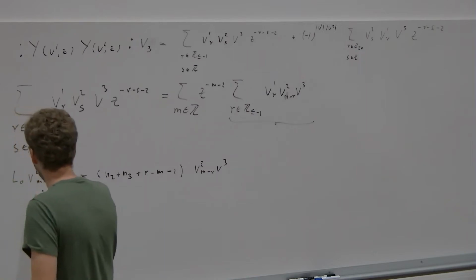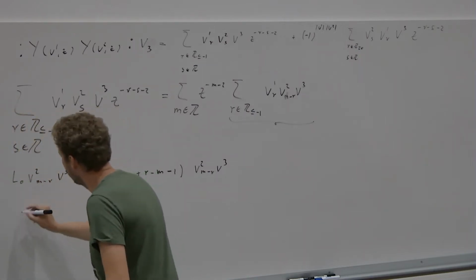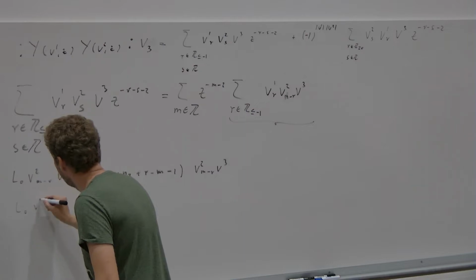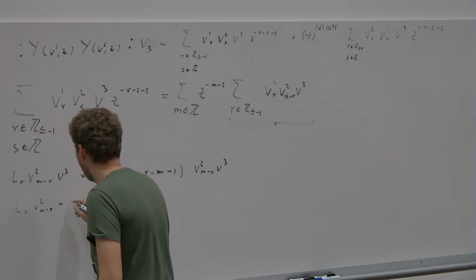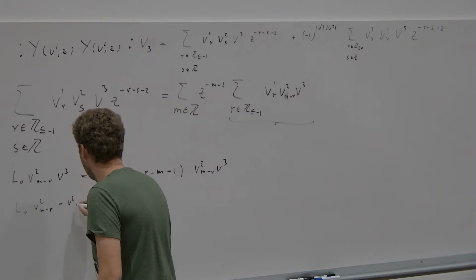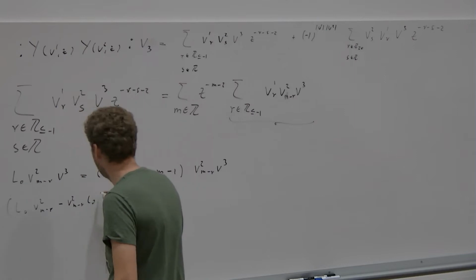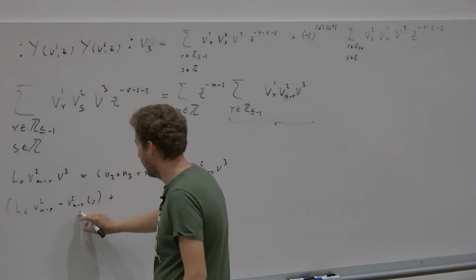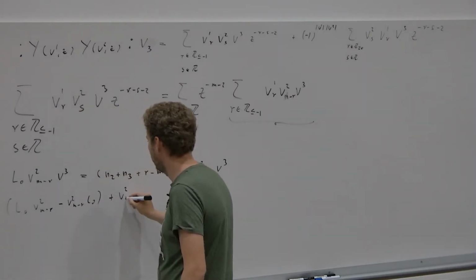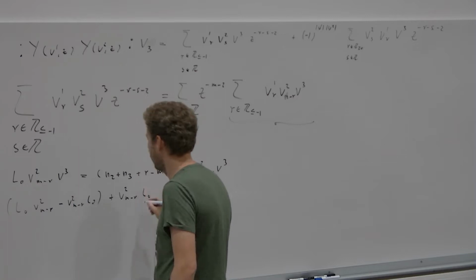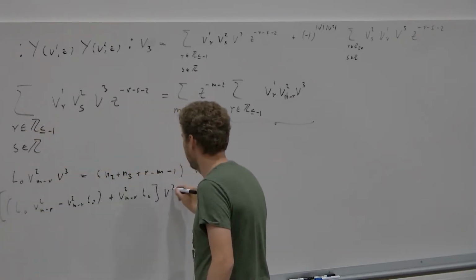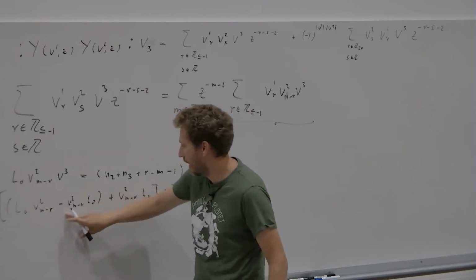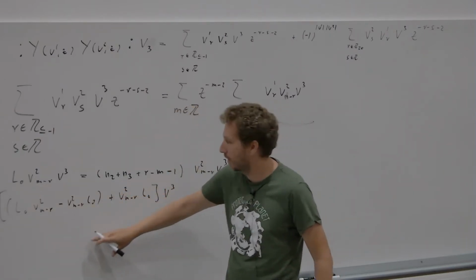So I can write this as L0 V2 m minus 3 minus V2 m minus 3 L0, so the commutator, and then I add what I subtracted. So I write this expression, I add a nice 0, so that I have here the commutator.